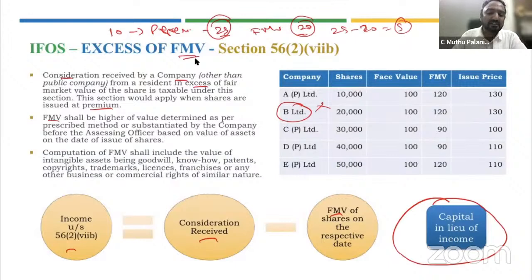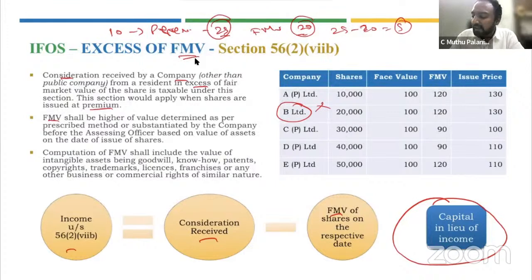Second case, we straight away said it is not applicable because B Limited is a public company. So this is only applicable for private limited companies where shares are issued at more than the fair market value. In the first situation, A private limited is issuing 10,000 shares. Face value is 100, fair market value is 120. Issue price is 130.